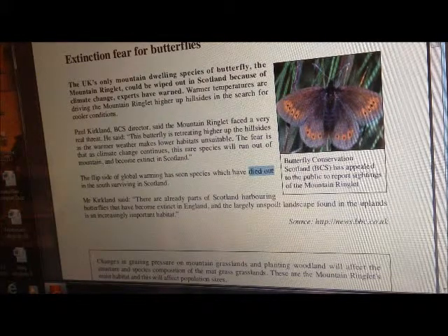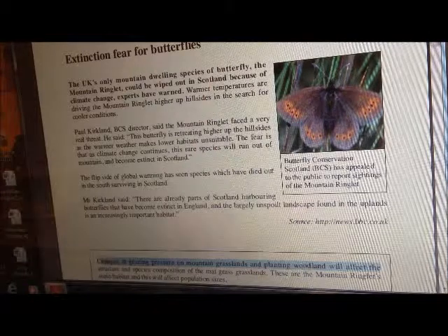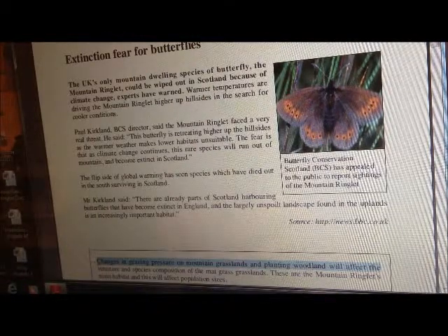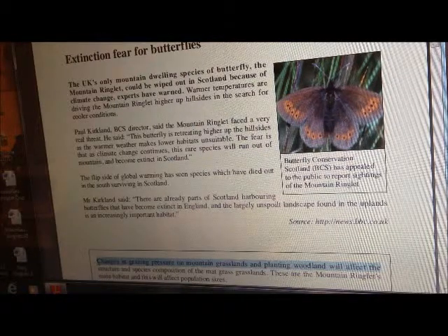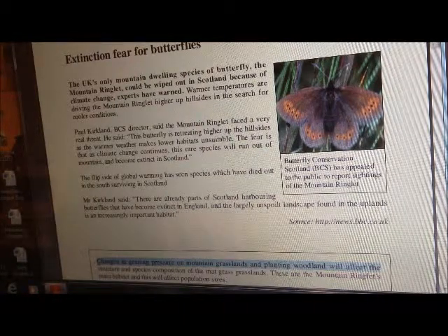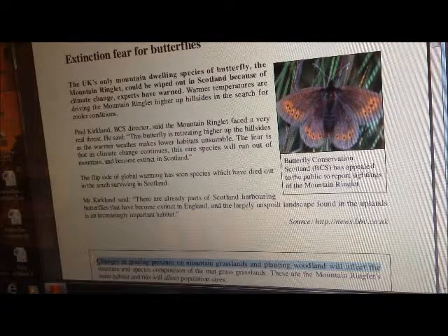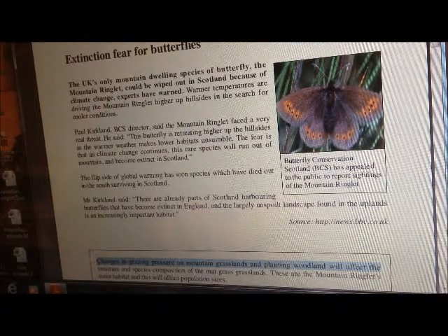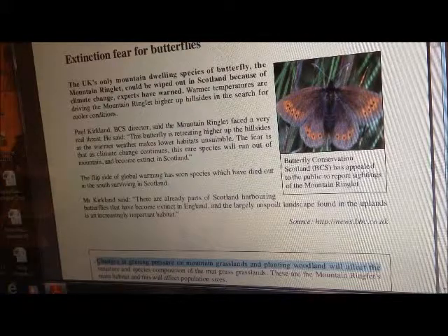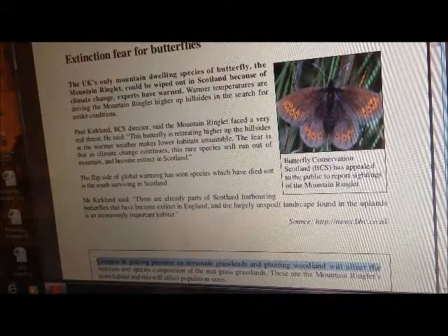Also changes in grazing patterns, which are along the bottom here, as to the influences causing this change, and also the effects on population size are all descriptions of how climate change is affecting this butterfly.